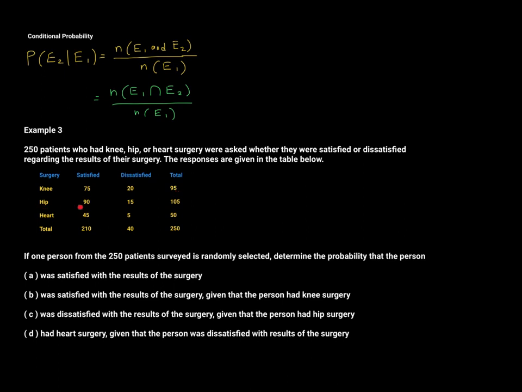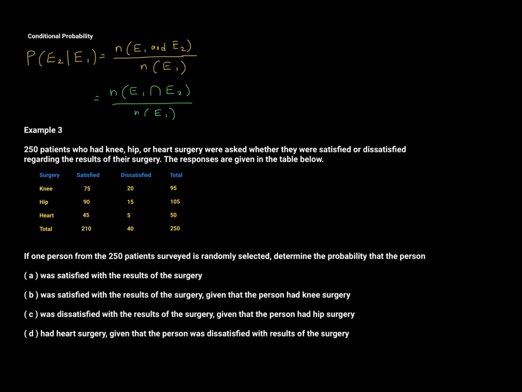For hip surgery, 90 of the 250, right? 90 were satisfied, 15 were not. 105 total people had hip surgery. Heart surgery, 45 satisfied, 5 dissatisfied, 50 total patients had heart surgery.